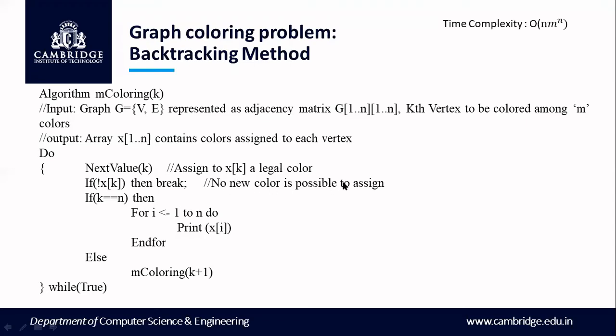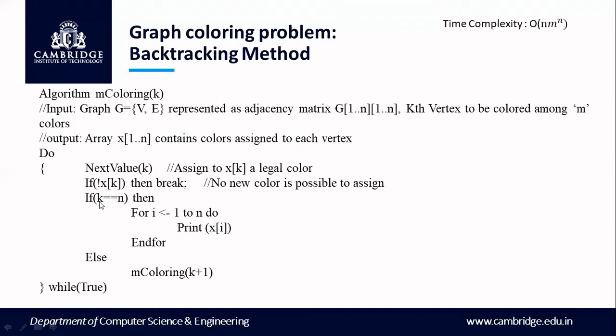No new color is possible, which means no further solutions are possible. If x of k is assigned a non-zero color for vertex k, then this termination will not happen. Instead, we come to the next step.